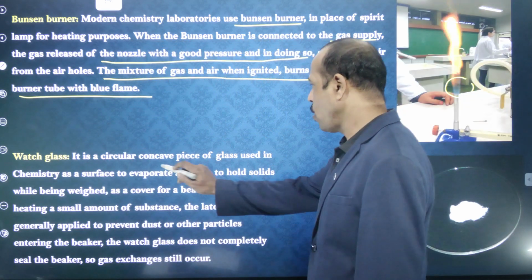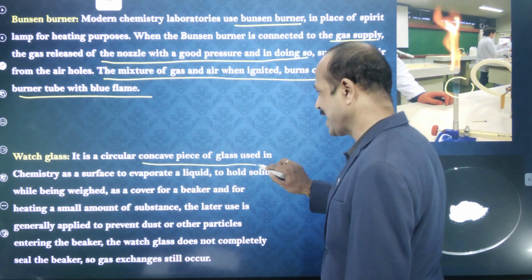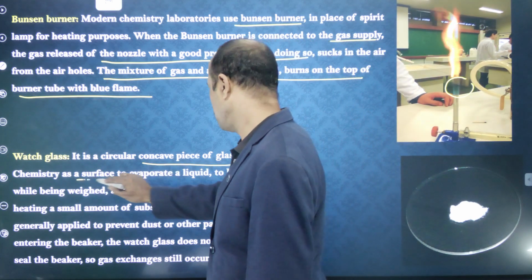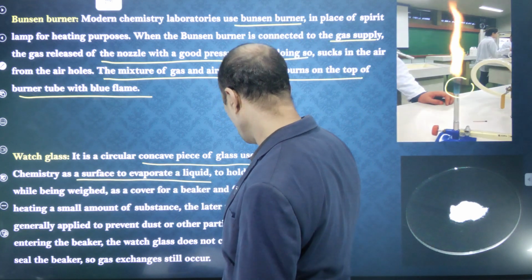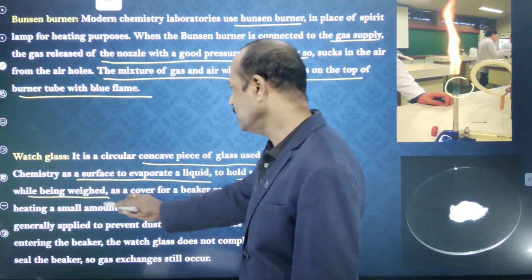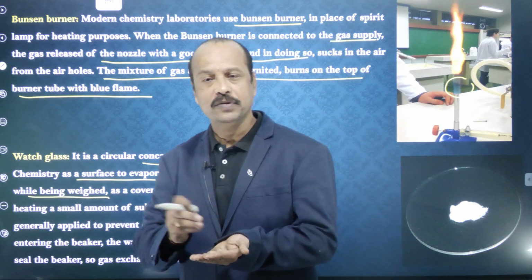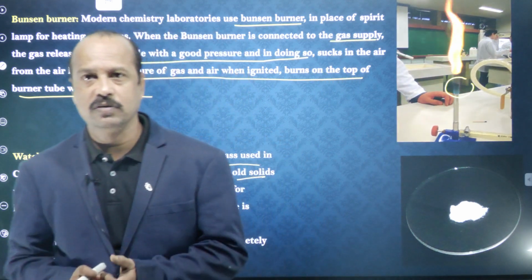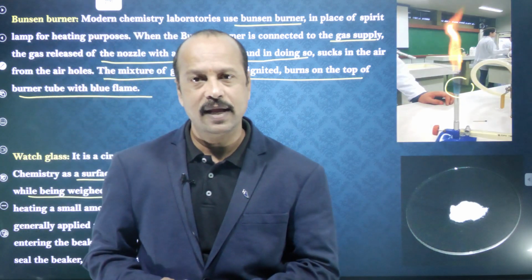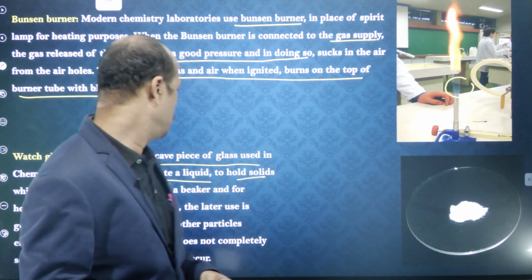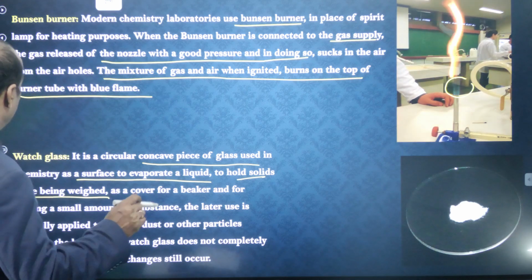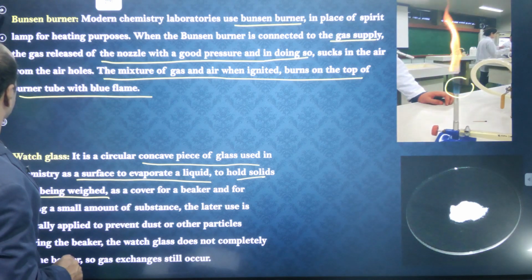It is a circular concave piece of glass used in chemistry as a surface to evaporate liquid and hold solids while being weighed. When I want to weigh a particular amount of salt, we use a watch glass to measure it. So that's about the watch glass, right, students?